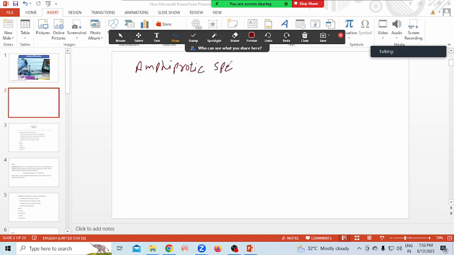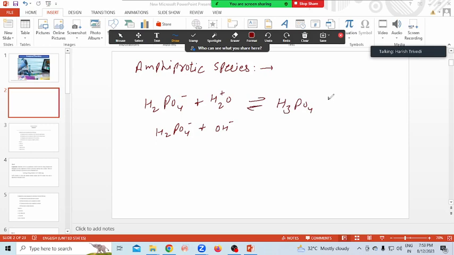As we wrote one equation, H2PO4 minus plus H3O plus will give H3PO4 plus water, and here OH minus will give HPO4 2 minus plus water.